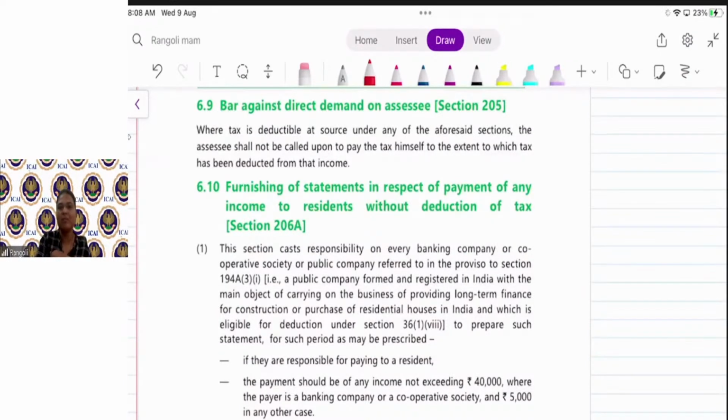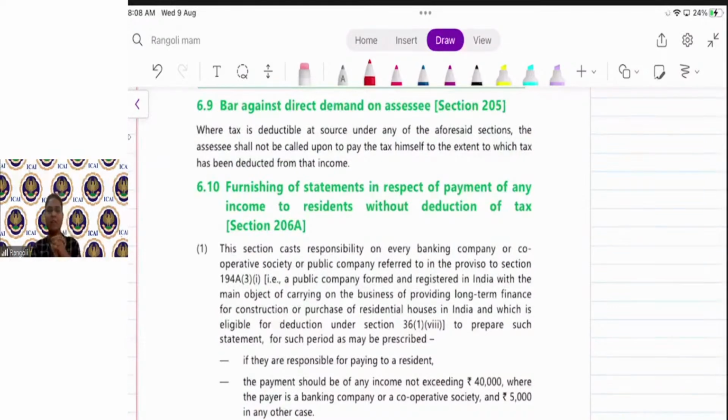So the government will make a trace of record that that much interest is earned by Mr. X or Mr. Y or anyone. So even if TDS is not required to be deducted, the banking company needs to provide a statement to the income tax department that we have paid this amount of interest to this person. This is applicable only in case of banking companies.